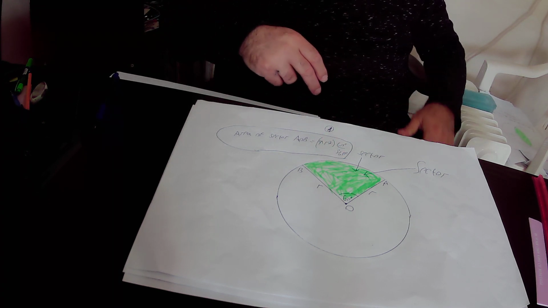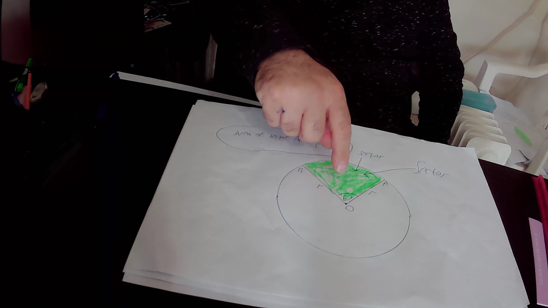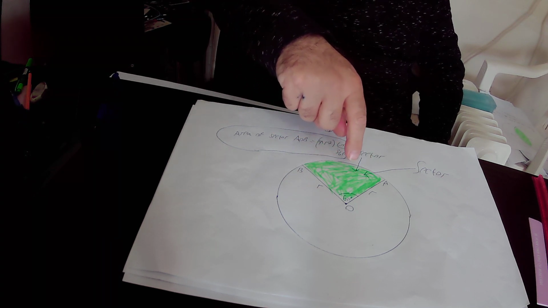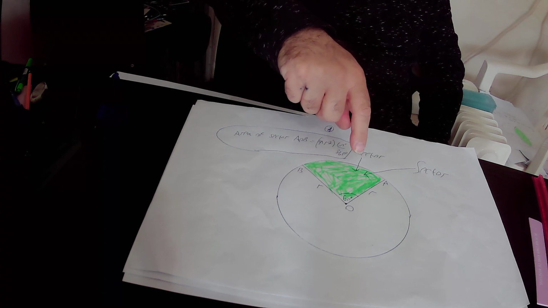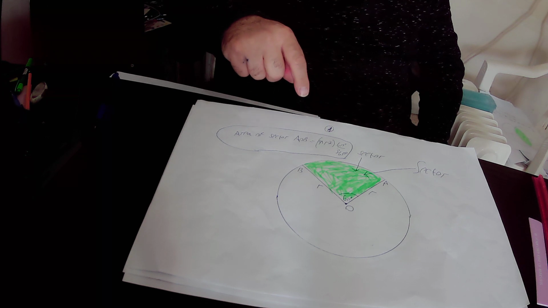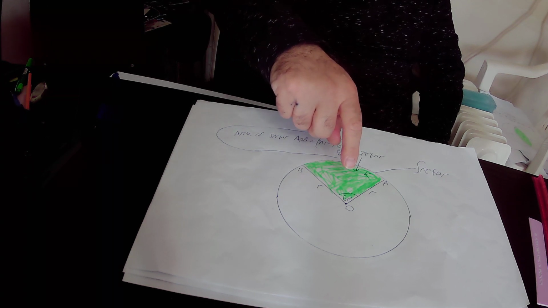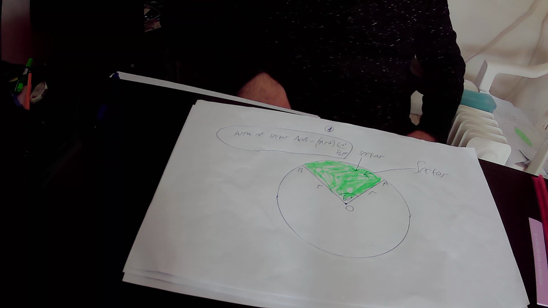And in this case the angle between the two radiuses is 60 degrees, therefore the area of this sector AOB is equal to pi r squared times 60 degrees over 360 degrees.